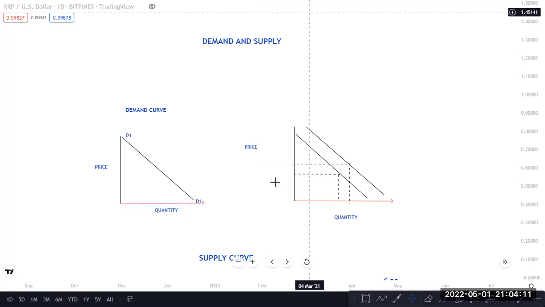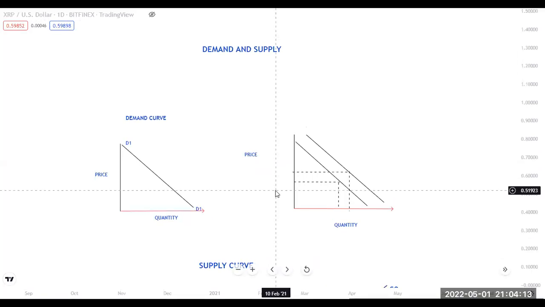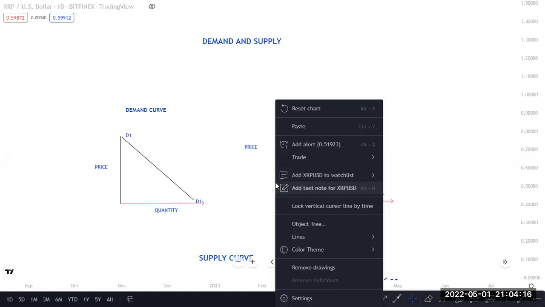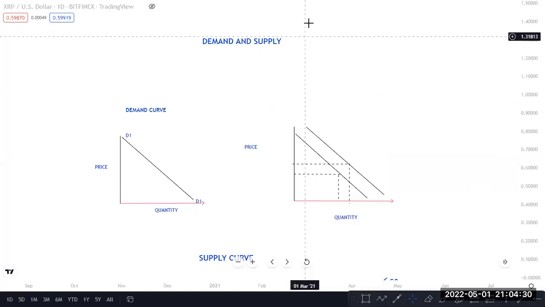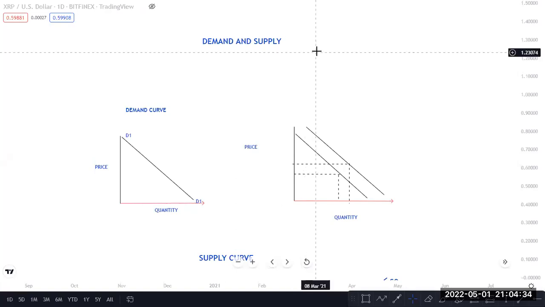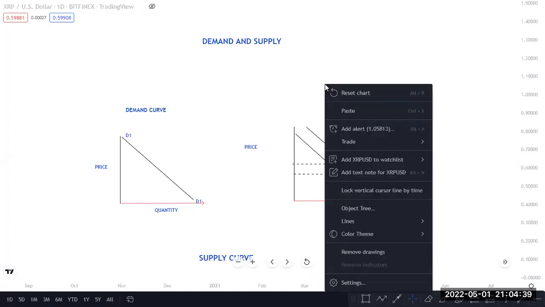Let me read all this. Please write on the chat box, your network is not okay. Then I'll get back to you. So I'll delete this, guys, and meanwhile you can write your questions on the chat box.